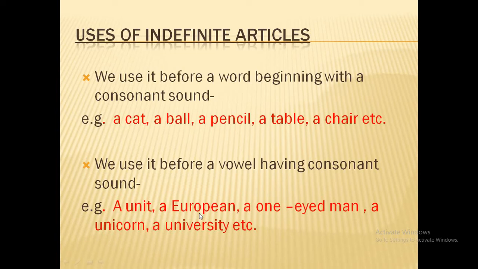So we should not get confused by seeing the alphabet and put an before it. No, we need to identify the sound that it makes. A one-eyed man, w. We do not have w, we have an o sound. This o here is not pronounced as o. It is pronounced as one. W is not there in our vowel sounds.